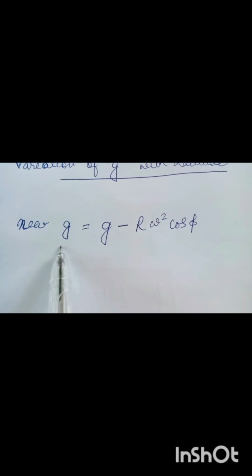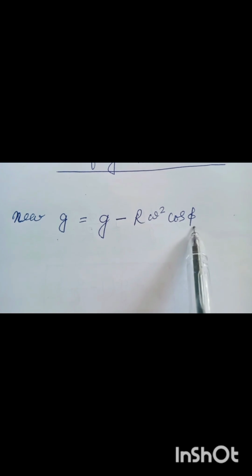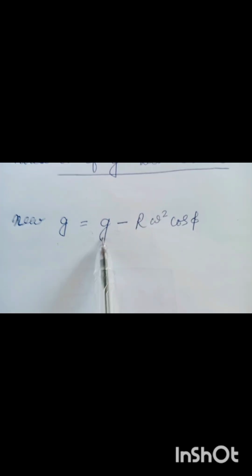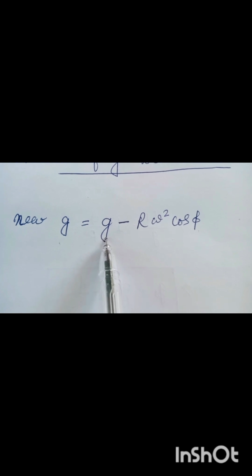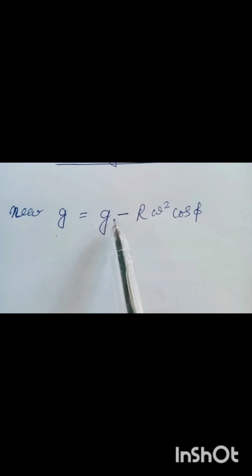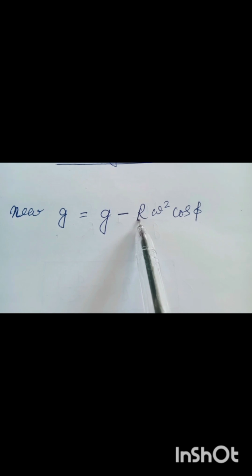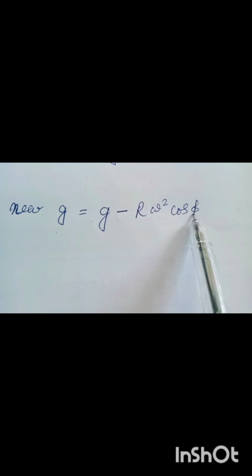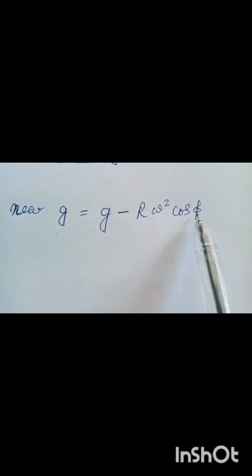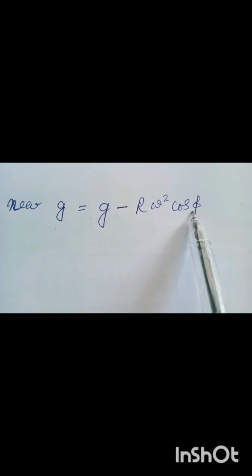The new acceleration due to gravity at latitude phi is equal to g minus R omega square cos phi, where g is the acceleration due to gravity on the Earth's surface at the equator, R is the radius of the Earth, omega is the angular velocity, and cos phi is the cosine of the angle of latitude.